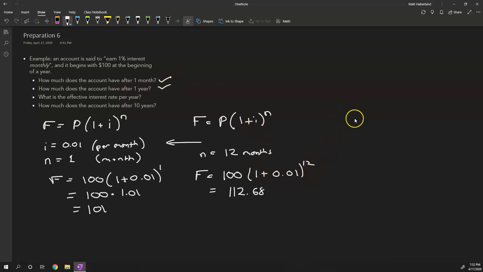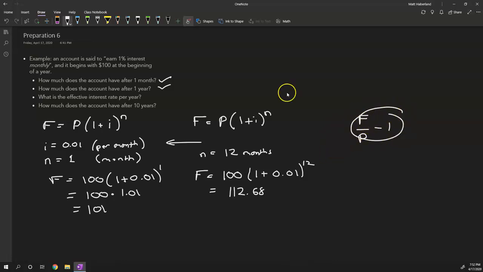Well, F over P is the factor by which your money has grown, and you subtract 1 from that to get the interest rate. So the effective interest rate per year is this thing here.